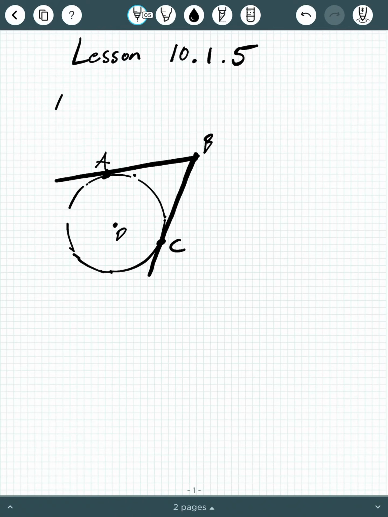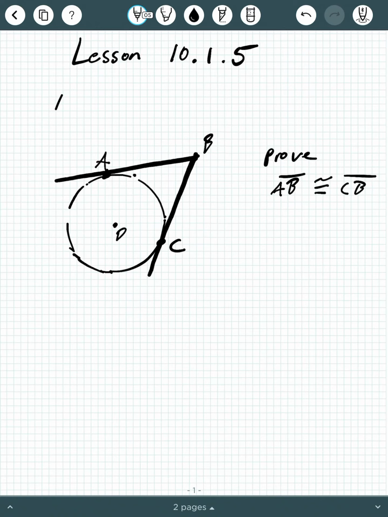And then the first thing we're asked to do is prove that AB is congruent to CB. That's an interesting problem that will definitely involve drawing some additional lines and some of the properties that you know.